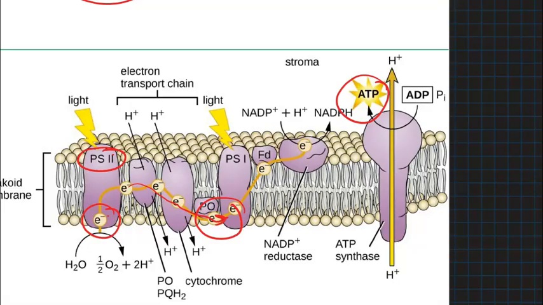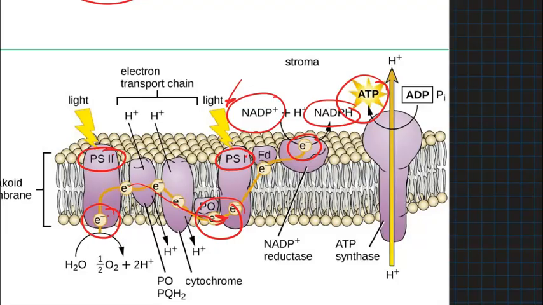When it enters photosystem 1, I think the numbering is because of the order of discovery, it receives another jolt of light energy, and that, well, makes it high energy, and the electron is accepted by NADP+, forming NADPH.